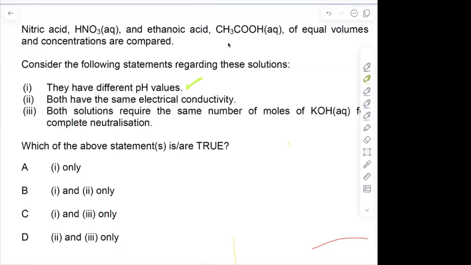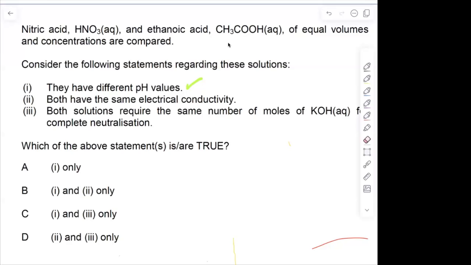Number 2 says they both have the same electrical conductivity. And at that point, I would say, actually, no, they don't, right? Because they don't ionize or dissociate to the same level, they won't have the same electrical conductivity because they won't have the same number of ions in solution, right? HNO3 is going to ionize completely, which means it's going to have a lot more ions in solution than acetic acid.